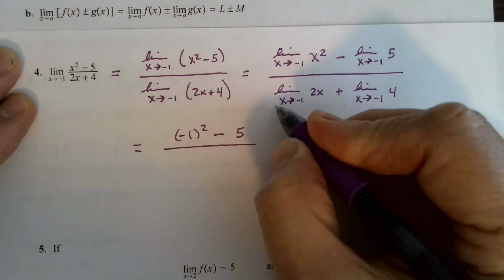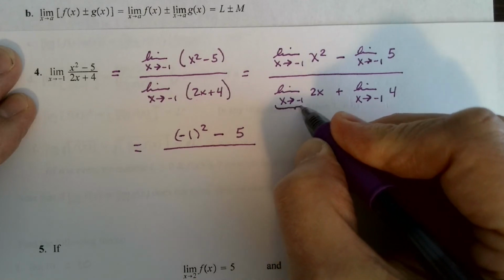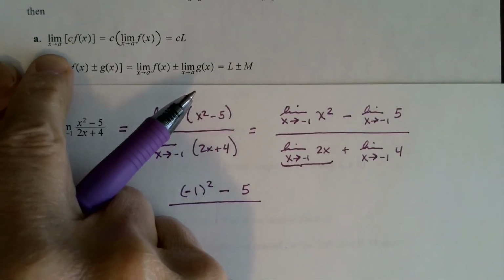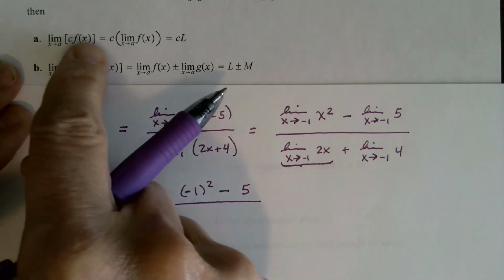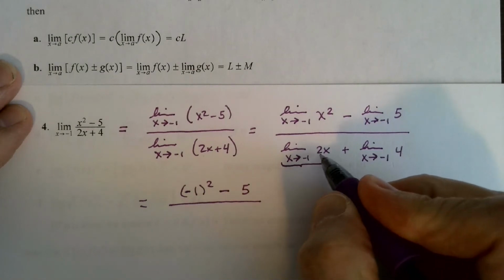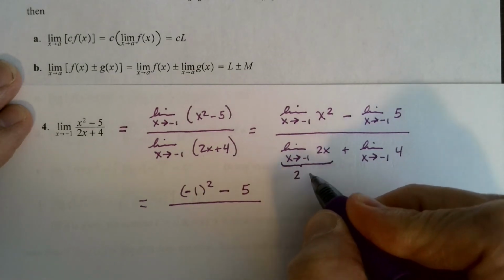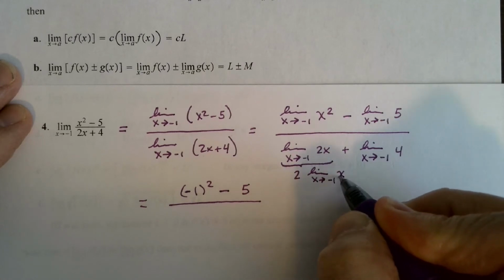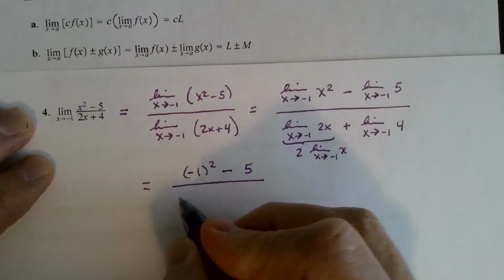Now this, let me just say, I can take this and make use of limit law 4a. The limit as x approaches a of a constant times a function. The constant can come out. The constant in this case is 2. It's 2 times x. So this is 2 times the limit as x approaches -1 of x. And so what's this going to be? 2 times what?